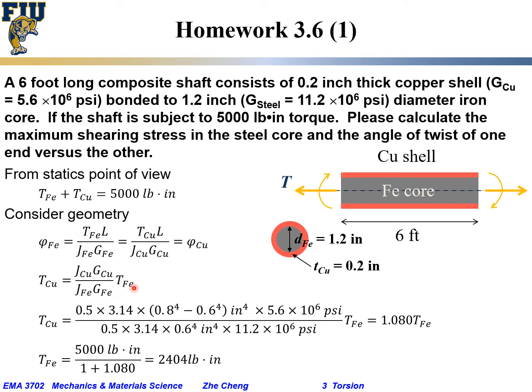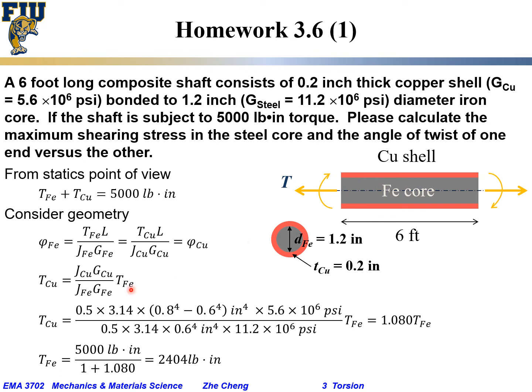So that's an additional relationship once we consider geometry or deformation. Both the core and the shell would twist at the same angle because of the strong bonding between iron and copper at the interface.